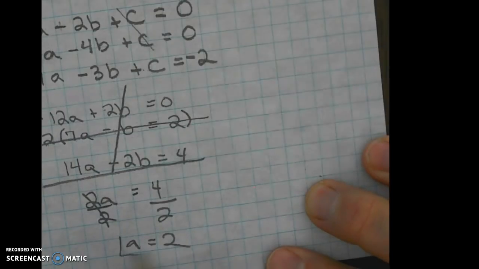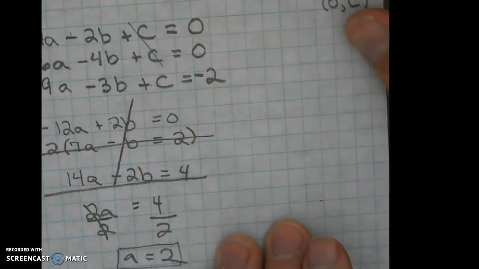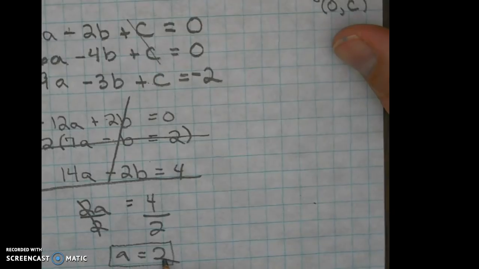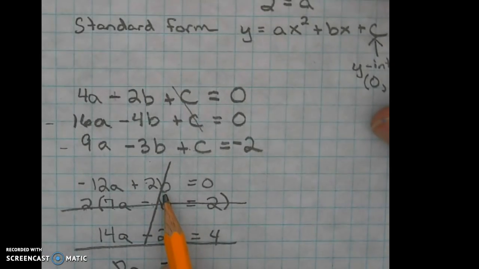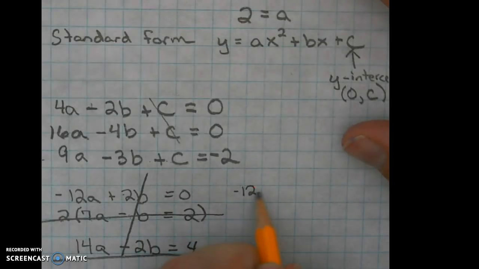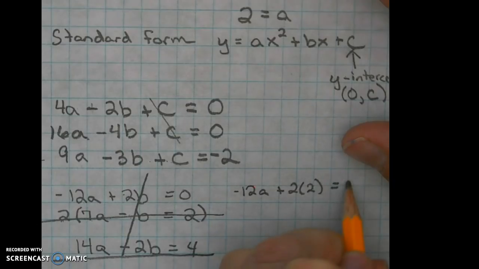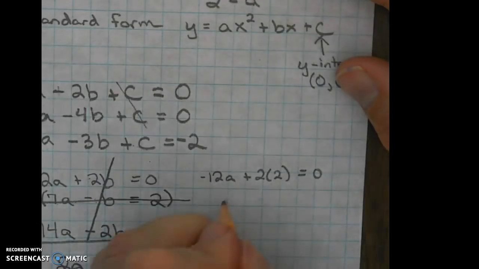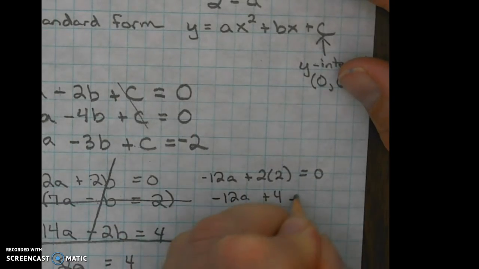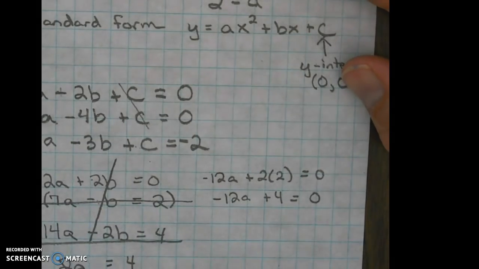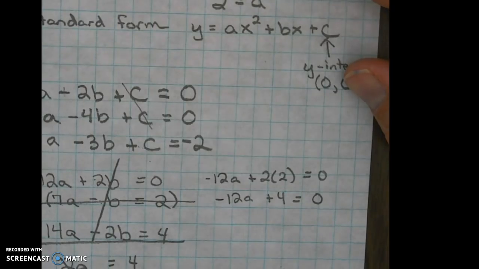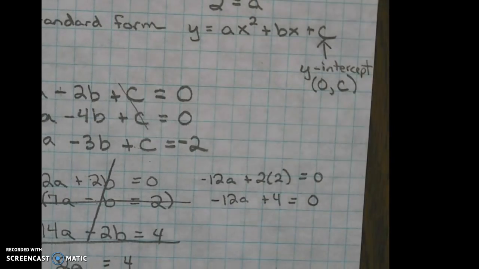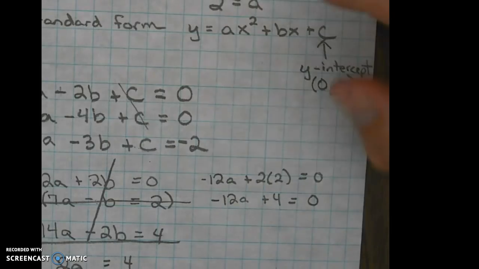A is 2. Now we have to find b. So we're going to take 2 and we're going to plug it in for b. So we have negative 12a plus 2 times 2 equals 0. And now we're going to go ahead and solve this for a. Whoops!